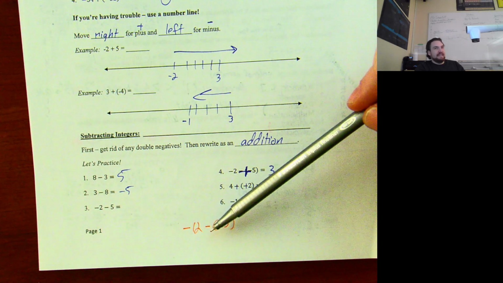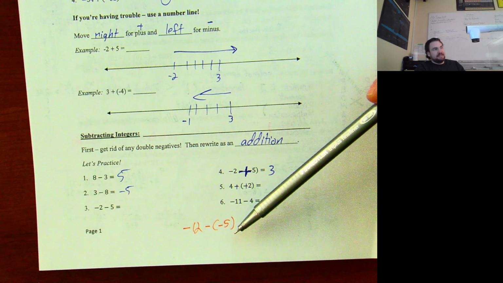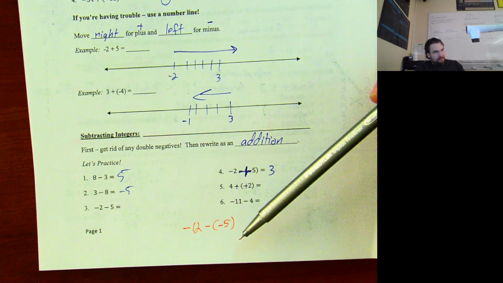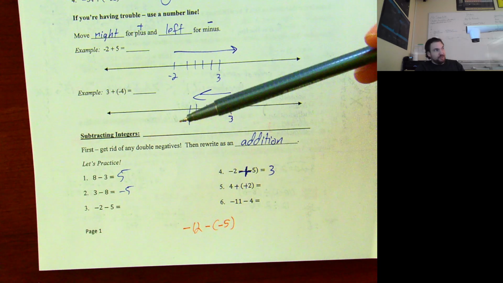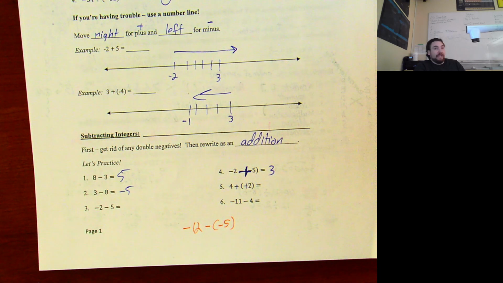Subtraction, you're literally taking something away. So if you're taking away a negative, does it make sense for that thing to become more negative or less negative? You're taking away negative things. You can think about it in terms of dollars, like money. If you owe me money, that's like you having negative money.